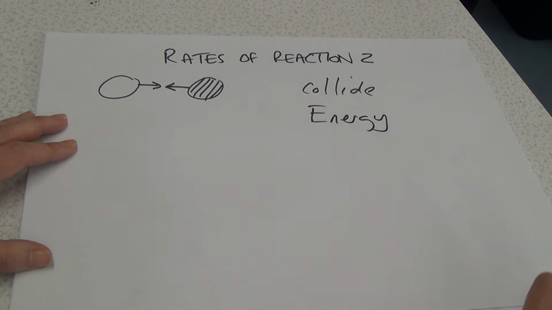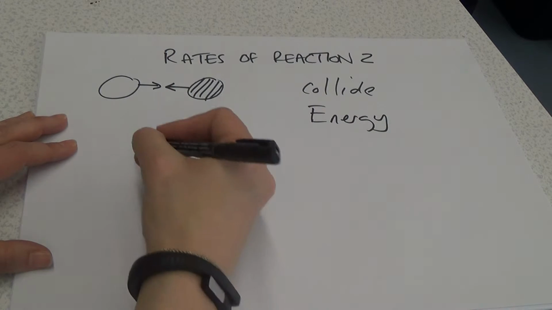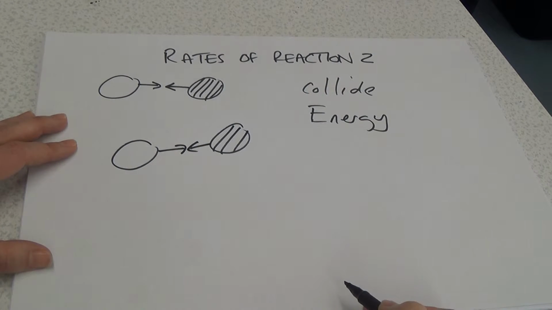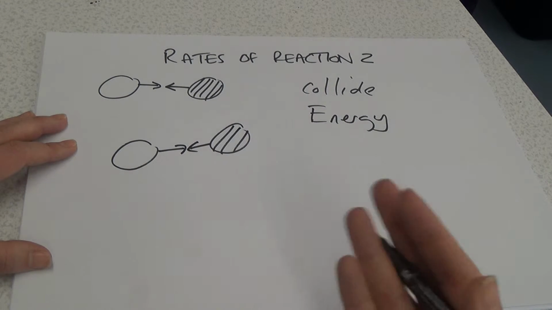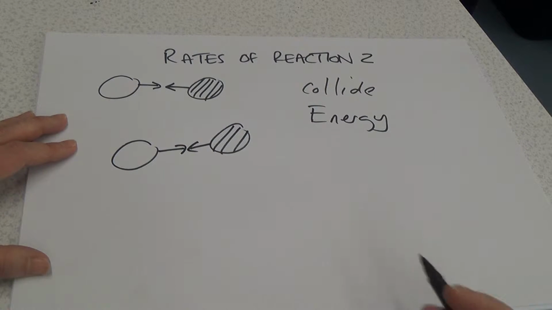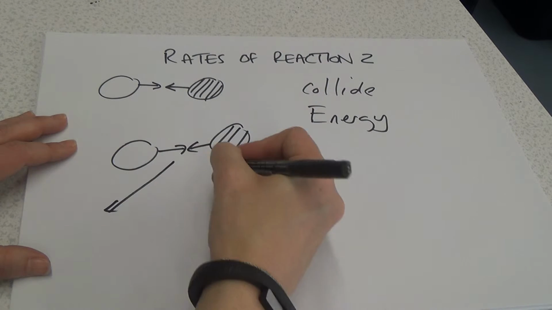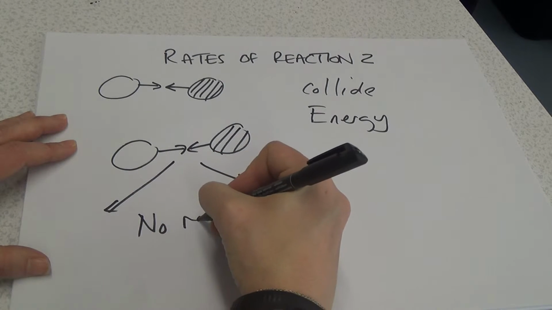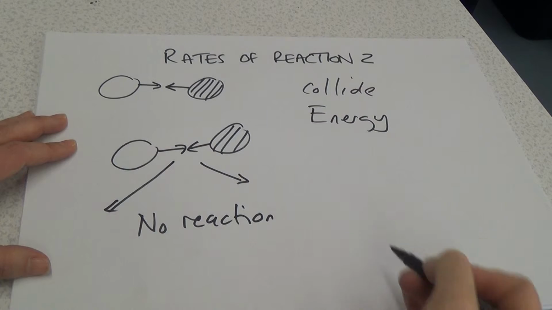So it's not just about the collisions, it's about the energy that they have. You could have a situation where two different particles collide, and because they don't have very much energy, they will literally bounce off each other. In that case, you will get no reaction occurring.